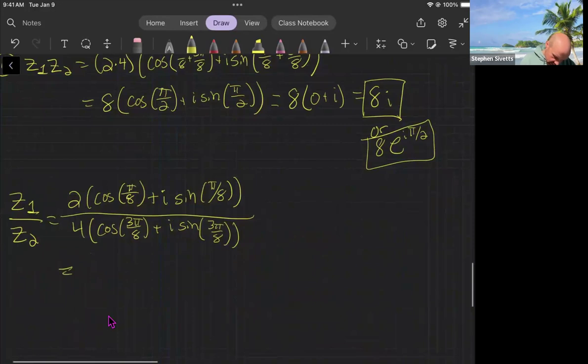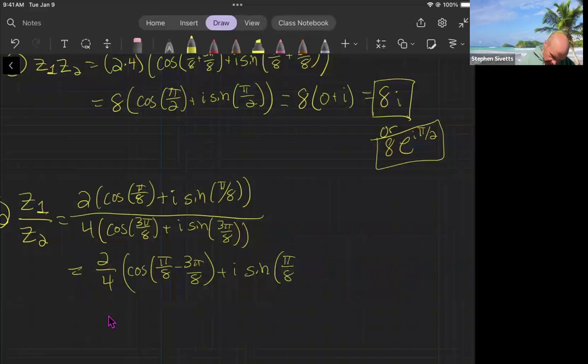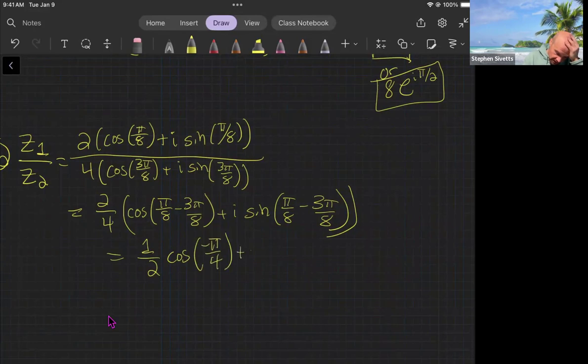Okay, so this equals 2 over 4 times cosine of pi over 8 minus 3 pi over 8 plus I sine of pi over 8 minus 3 pi over 8. Okay, so this equals 1/2 times cosine of minus 2 pi over 8, which is cosine of minus pi over 4, plus I sine of minus pi over 4.